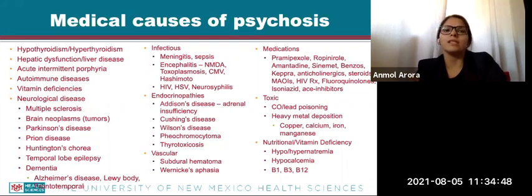There are autoimmune diseases that can present with psychosis, such as lupus. It's interesting how sometimes the main presenting symptom of lupus, before anybody has any sort of rashes, is this new onset of psychosis that never happened before. It doesn't happen that frequently, but it can happen.